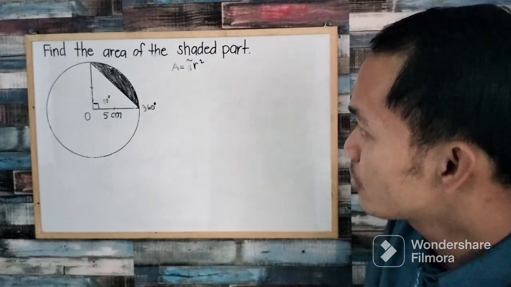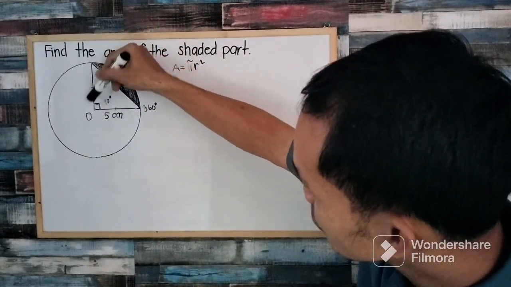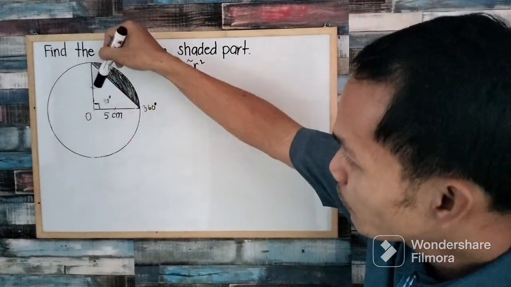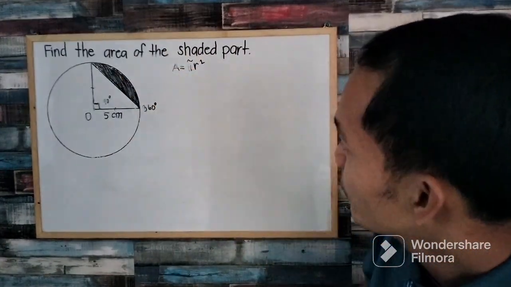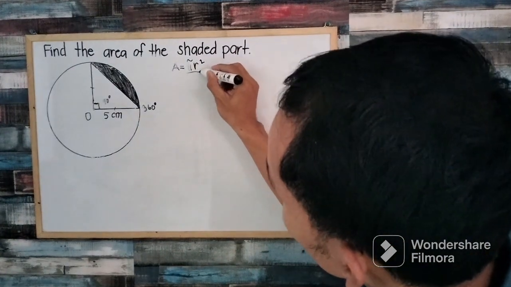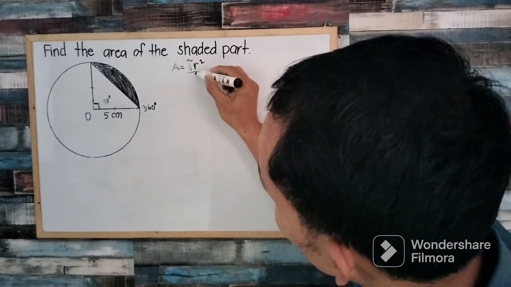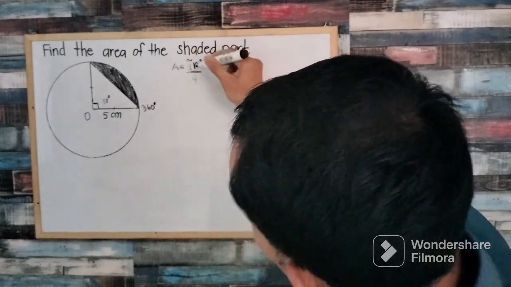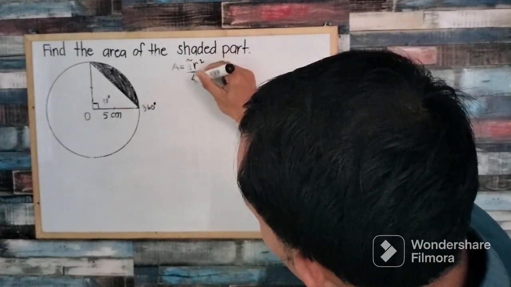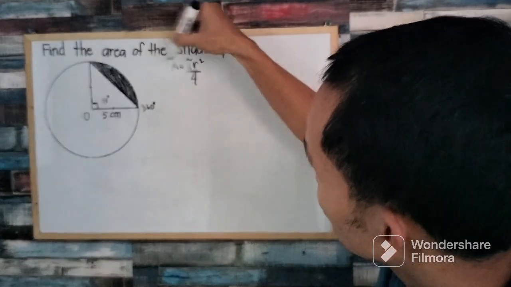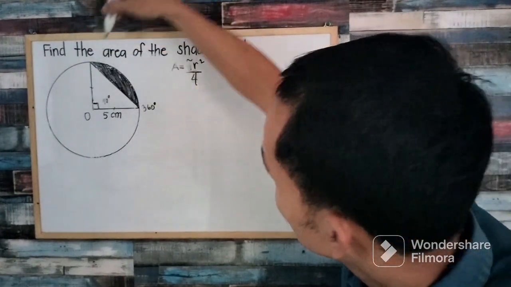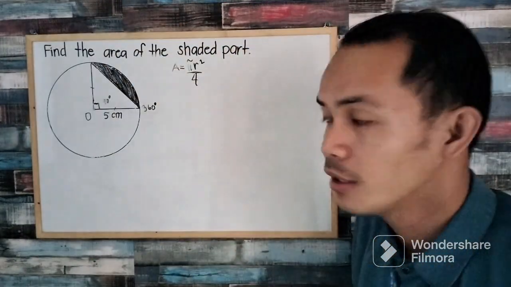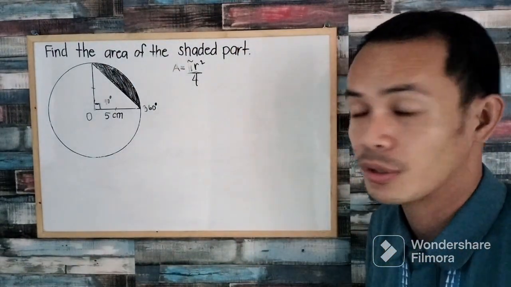Since kung makikita natin, this portion is just 1/4 of the whole circle. Right? So, dahil 1/4 siya, i-divide natin yung formula ng 4. Okay? So, area is equal to pi r squared divided by 4. And ito na yung formula to find the area of this portion here. Okay? Which is 1/4 of the whole circle.